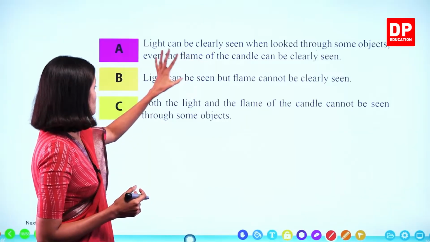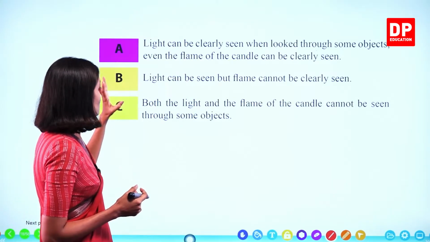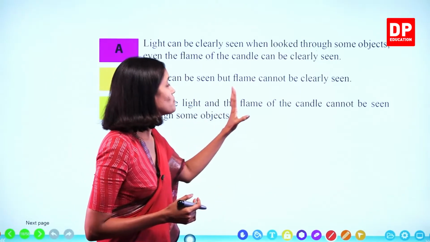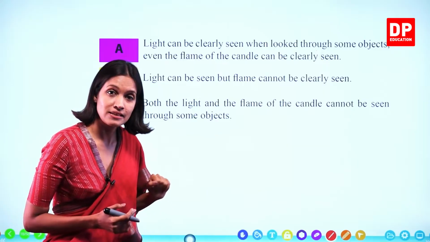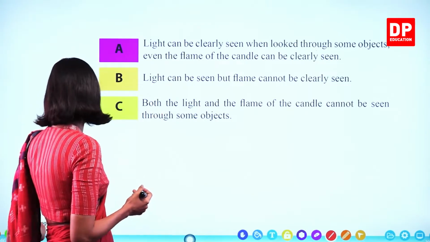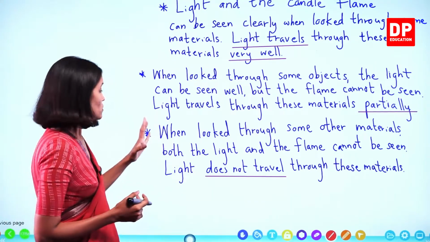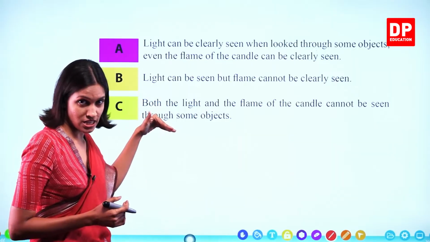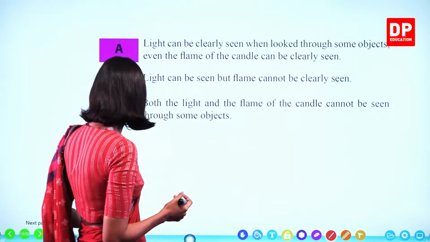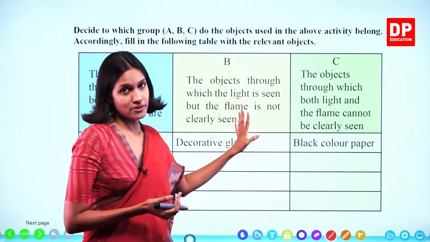The second group is categorized under B. And C is both the light and the flame of the candle cannot be seen through some objects. Right? This is the same thing we wrote in the conclusion part. Okay? So here it is named as A, B and C, the three groups. Okay? And then, so now look at this table.